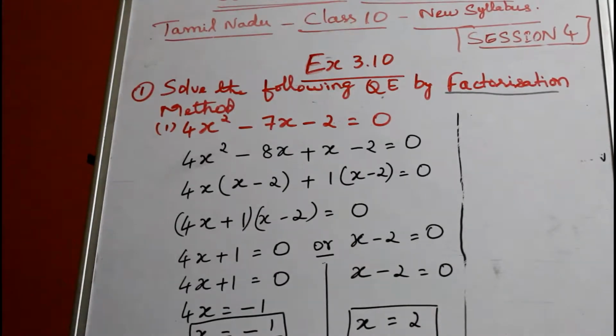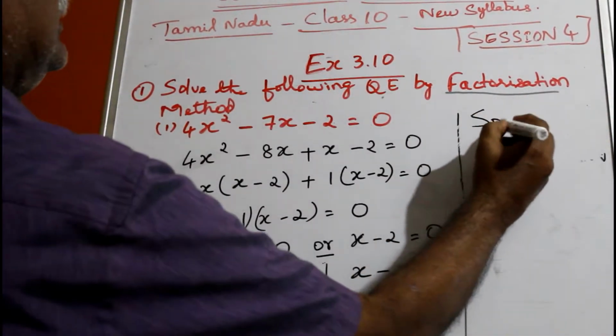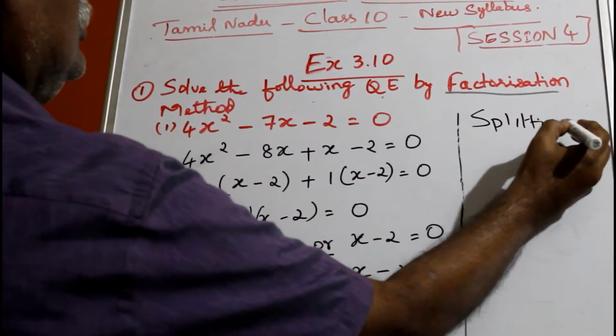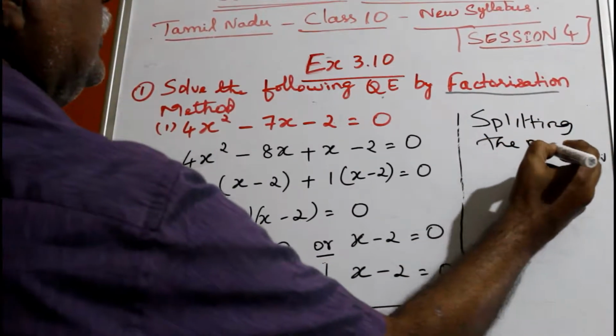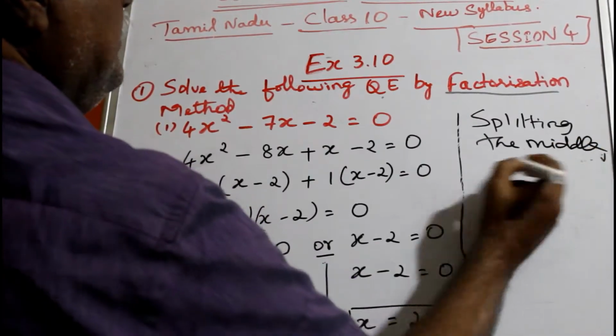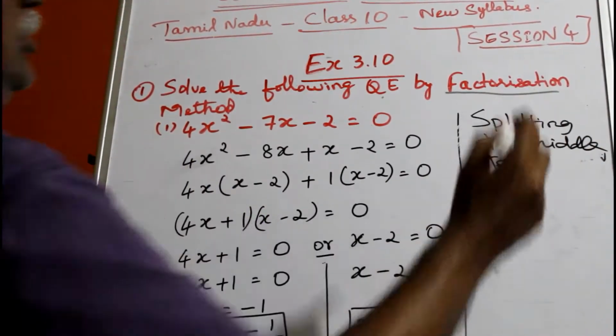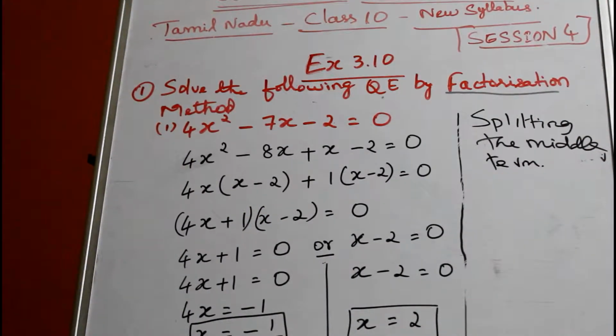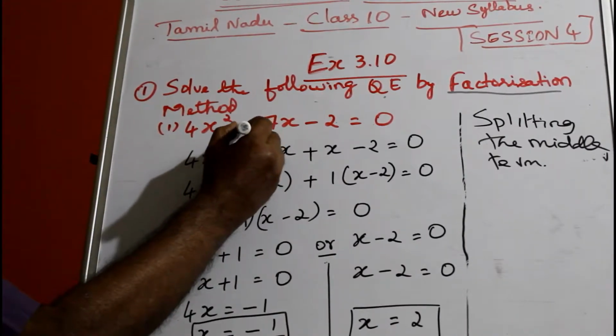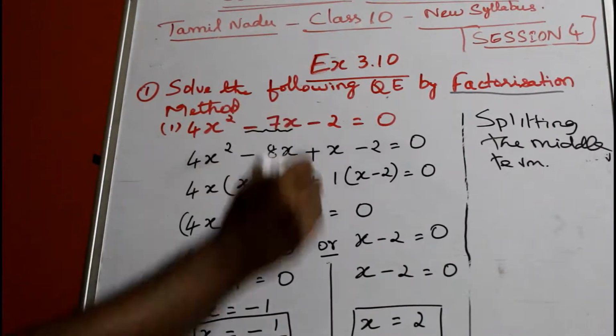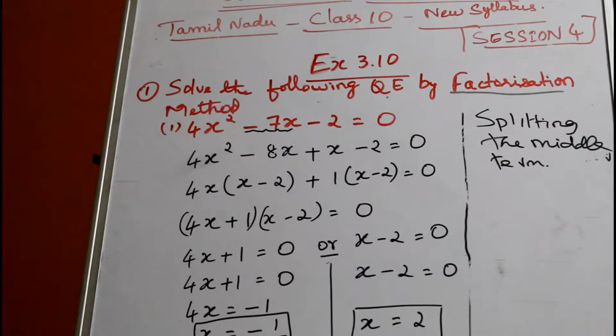This factorization method they also call splitting the middle term method. Now this is the middle term. This term should be split, but you should not change the problem.